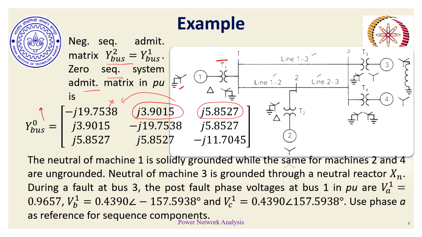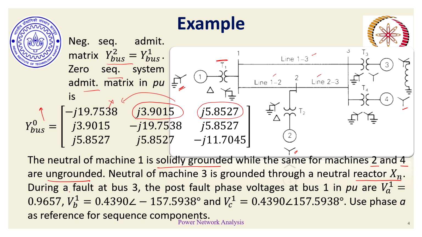And now comes the statement that the neutral of machine 1 is solidly grounded, as I have mentioned in the previous slide. Machines 2 and 4 are neutrally ungrounded, as shown over here through the star connection. The neutral of machine 3 is grounded through a neutral reactor Xn, whose value is not known.